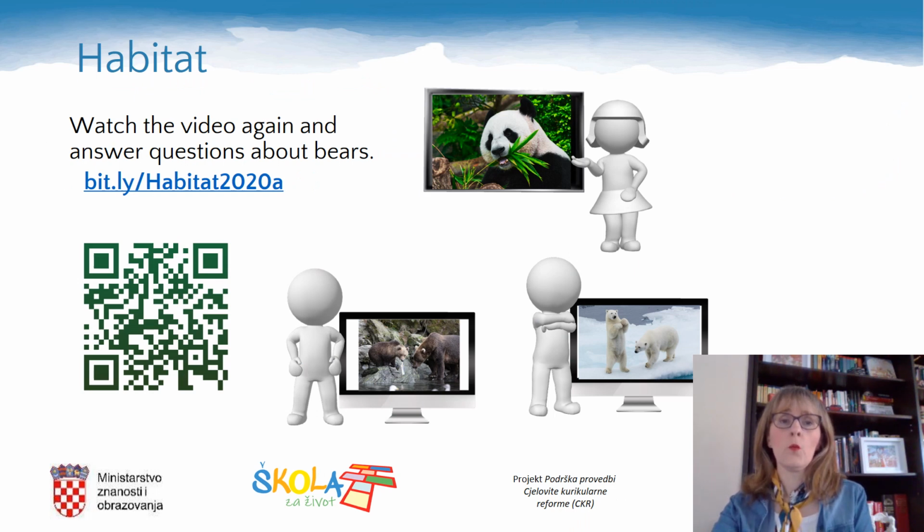We are not done with the video about habitats yet. Remember the 3 different types of bears and their habitats shown in the video? There was a brown bear, a polar bear, and a panda. They all have the same ancestor, but they develop differently because of their habitats.